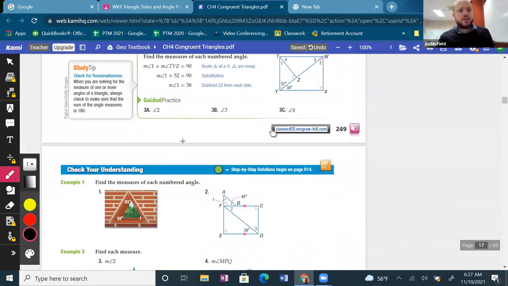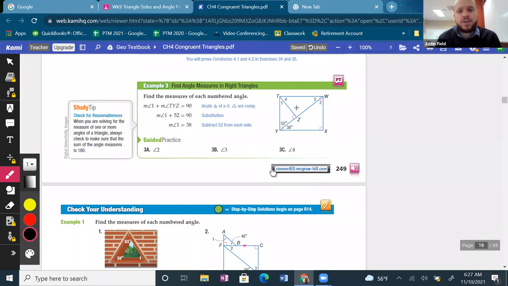In our last example, all right, so we got all 3 triangles here in one seemingly rectangle. No, it is a rectangle. Okay, so find the measures of each numbered angle. Angle 2. How am I supposed to? Oh, I see. You can find that with 90 and 38.